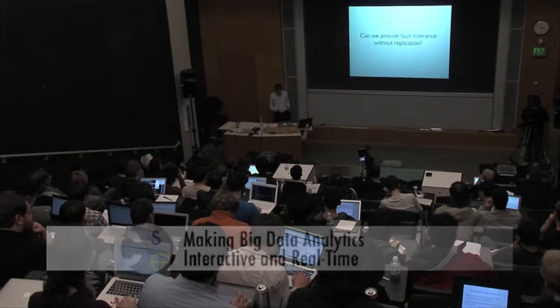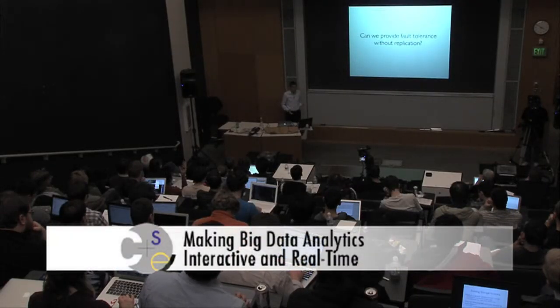The problem with this is that to do fault tolerance, you still have to replicate the data, or maybe logs about what you did, over the network, because all you see are these reads and writes to cells. And that's slow. As I said before, it's 10 to 100 times slower than actually writing to memory. So the question we looked at is, can we provide fault tolerance for these applications without requiring replication?